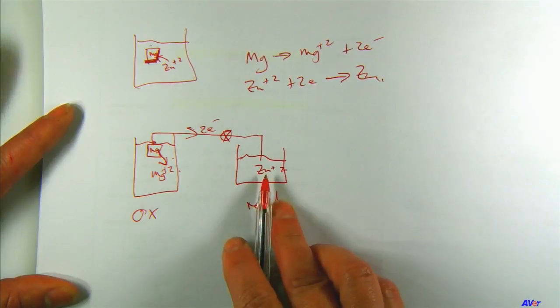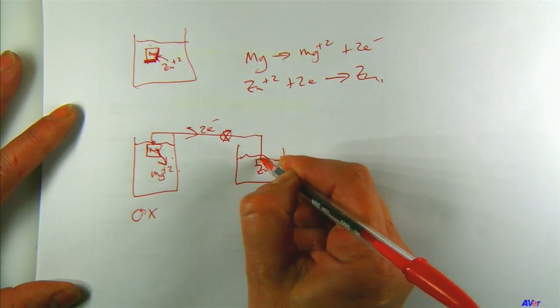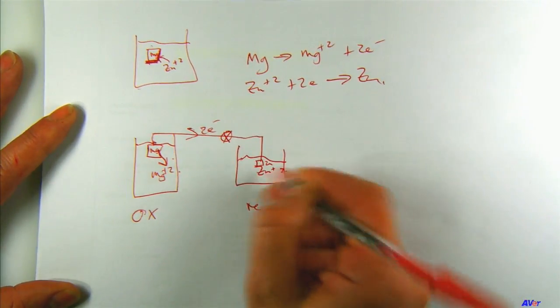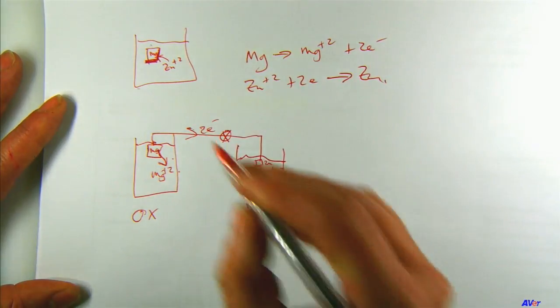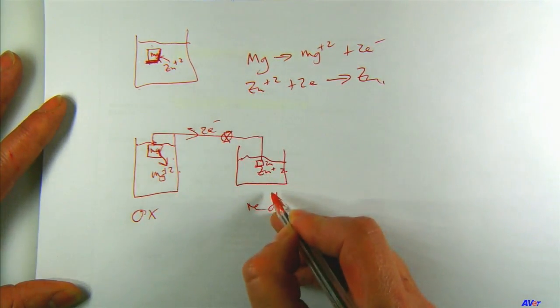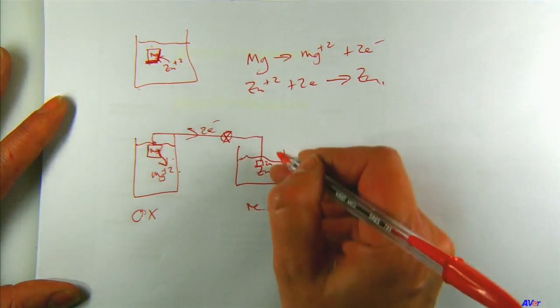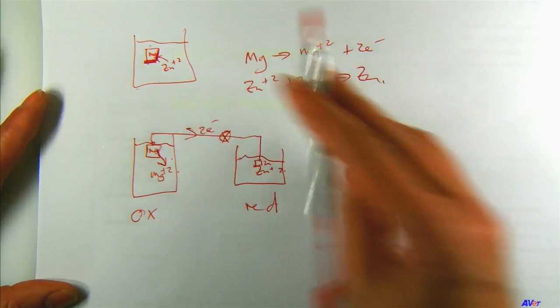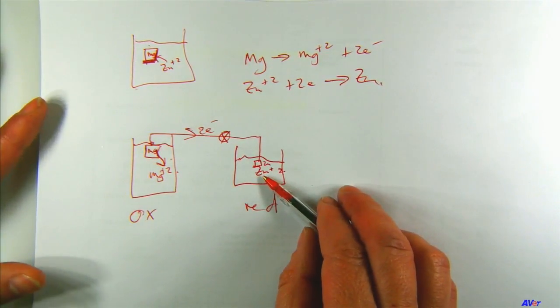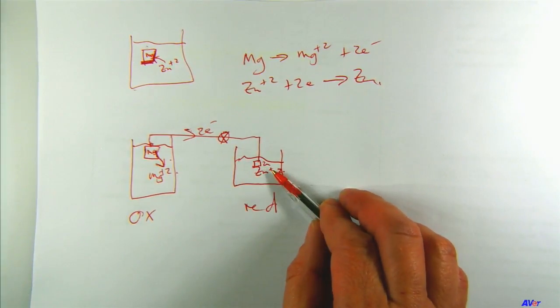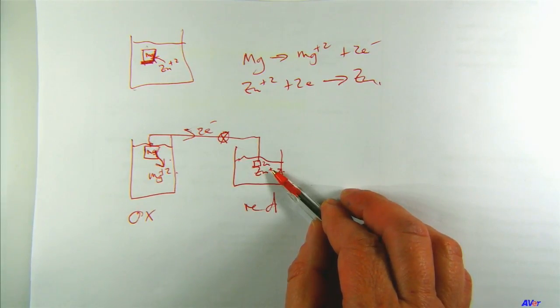And on the other side, we take the zinc and we put a small piece of zinc into a zinc solution. And now you have electrons going over. Electrons are moving there. Now, once the first electrons went over, that part is negative. Will the reaction continue? No.